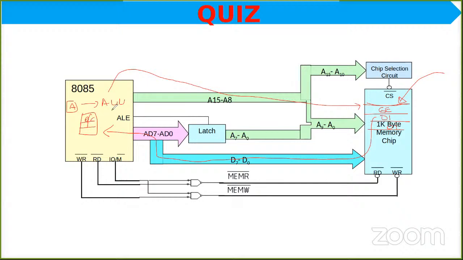Then you have a result. That result has to be stored back to my memory, so the result is taken via the data bus and put inside the memory. I am reading data and writing data, so I need to enable these read and write pins as per the operation which is going to happen. So this is how the architecture of the system looks.